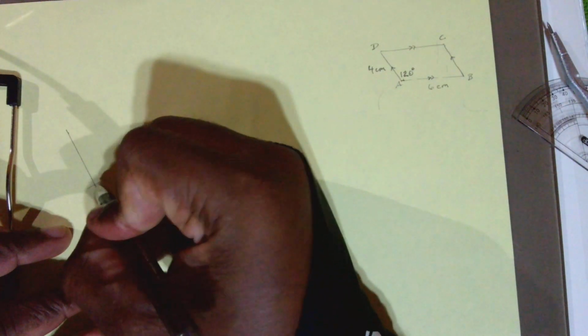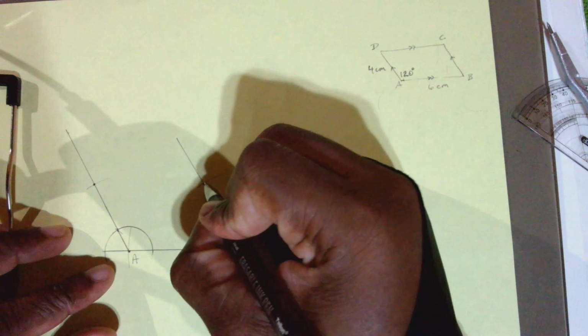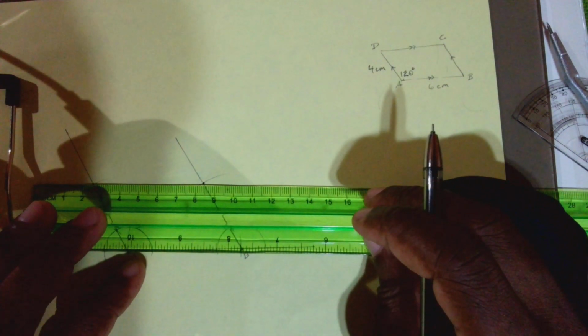That will be 4 centimeters from A. This will be 4 centimeters from B. And I will draw a line through these 2 points.